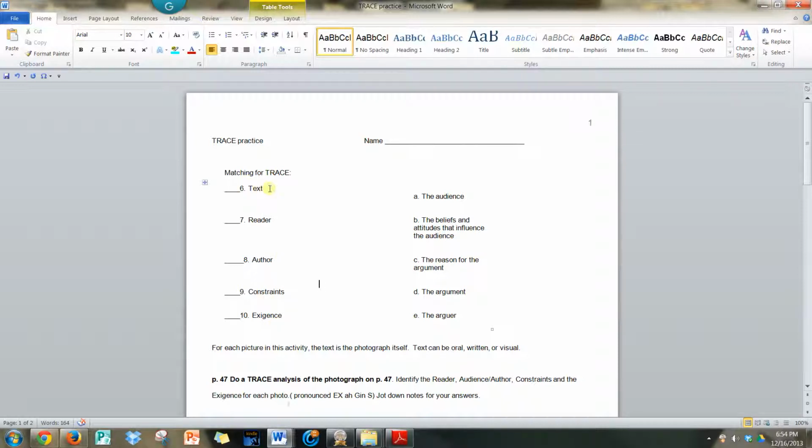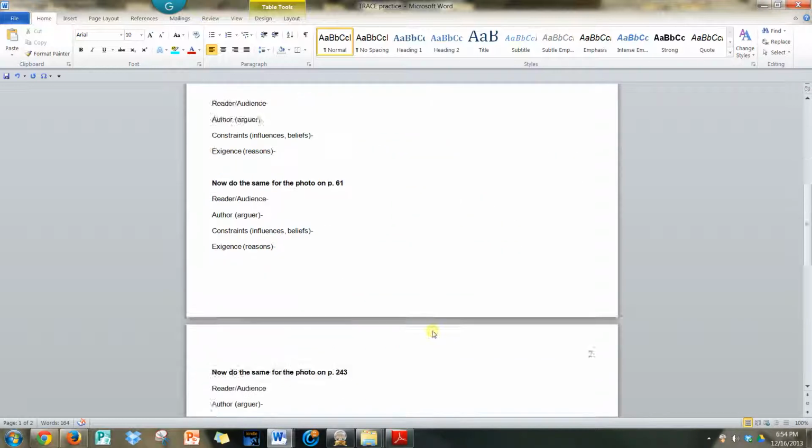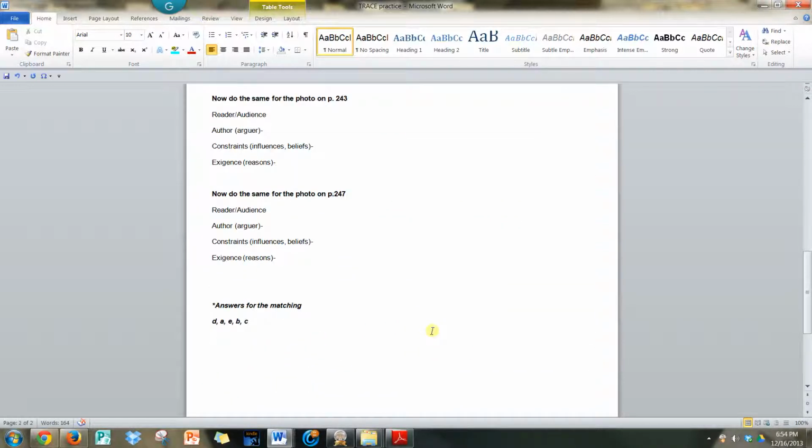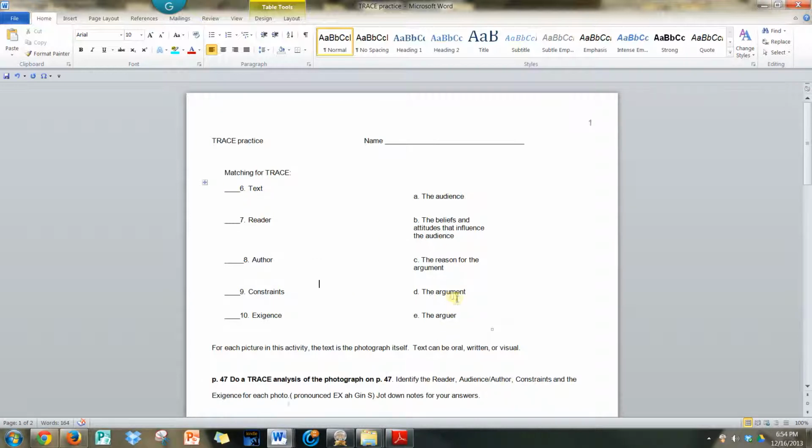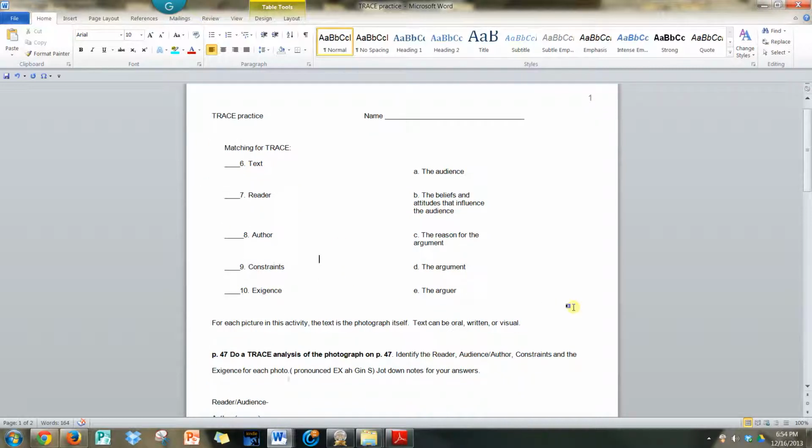I'll give you the first one, that text is, remember, one of these over here, and if you get stuck, at the bottom of the page is the answer. So text is D. The argument itself is the text. Okay? And you'll continue through this.